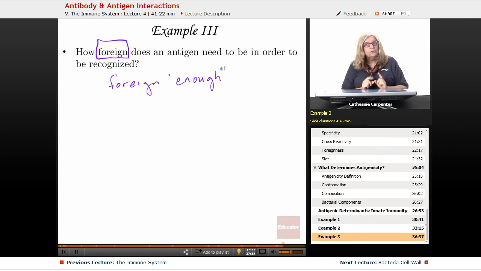What is the big issue about getting a transplanted organ? The big issue is you don't want rejection. You don't want the immune system to recognize that organ as being foreign. So often what happens when you require a transplanted organ is that the first thing they do is look at the relatives of the individual who needs the transplant.